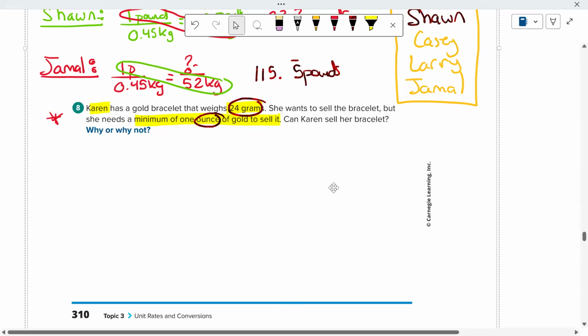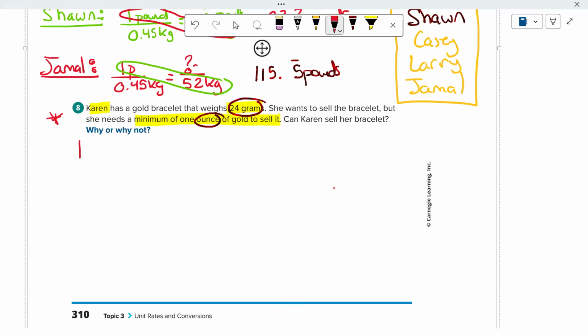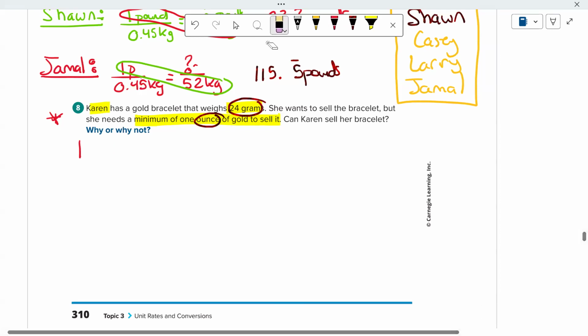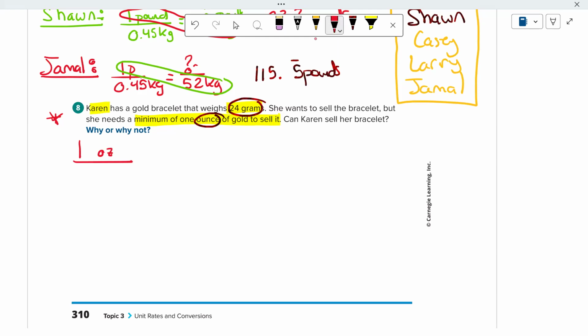All right, so I'm going to start it. So 1 ounce. I don't like that. No. 1 ounce is about 28.35 grams. How do I know that? Because it's on my cheat sheet from the last page. So I know this is true. 1 ounce is 28.35 grams.